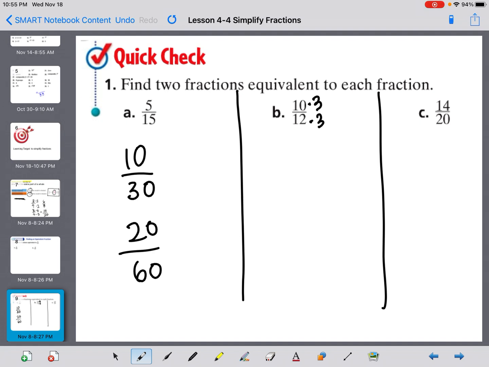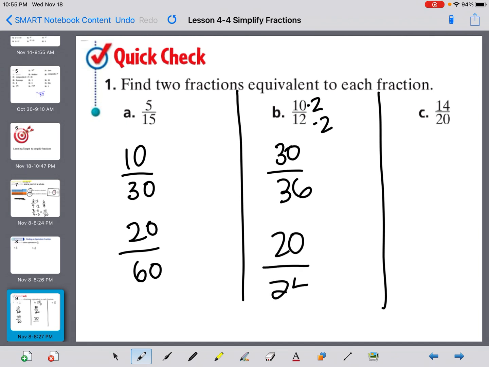What about 10/12? I like to pick 2, my brain just likes to. Again, I have 2 examples, you didn't have to have the same examples.